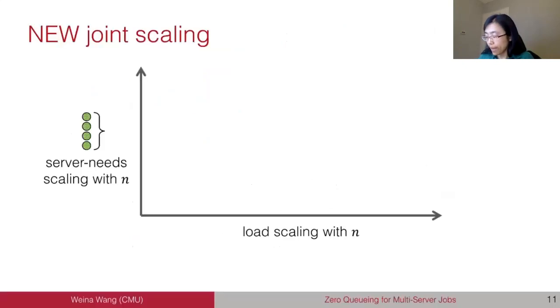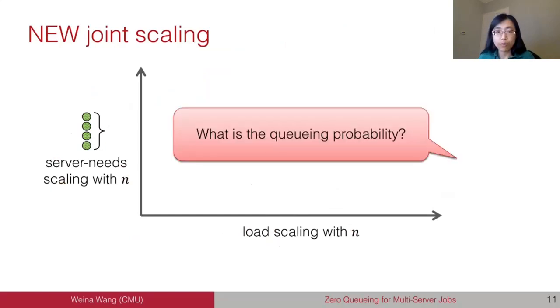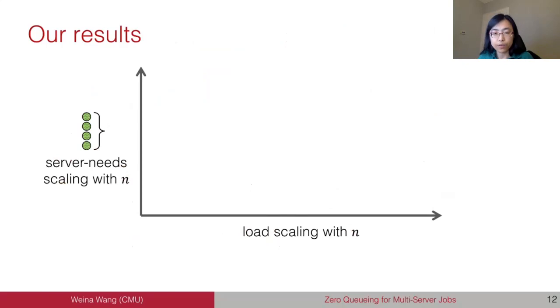More specifically, we have a joint scaling regime where both the load and the server needs scale with n. We want to understand the queuing probability on this joint scaling plane, and identify regions where the queuing probability goes to 0. Our answers are as follows.